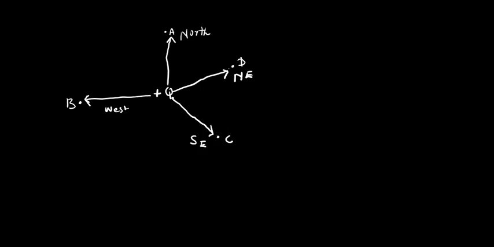Let's assume we have a negative charge here and we have a point here, B. We have a point here, we can call it A. We have a point here, we can call it D. Then we have a point here, we can call it C.